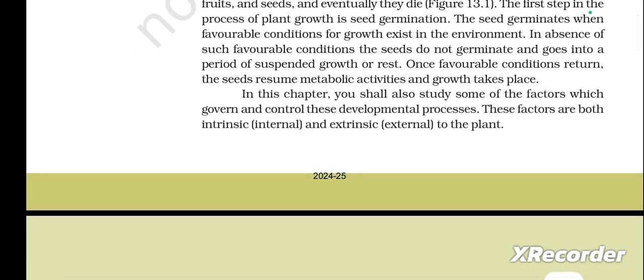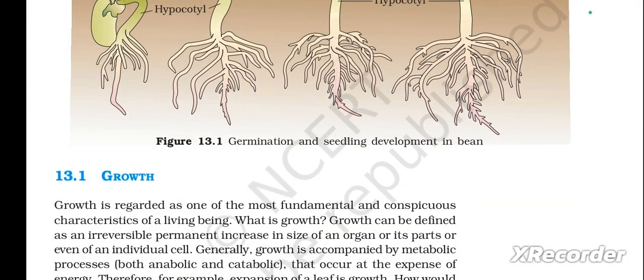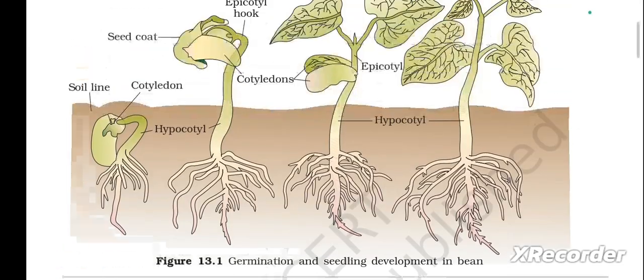In this chapter, you shall also study some of the factors which govern and control these developmental processes. These factors are both intrinsic, that is internal, and extrinsic, that is external to the plant. Here you can see the figure where the germination and seedling development in bean can be seen.